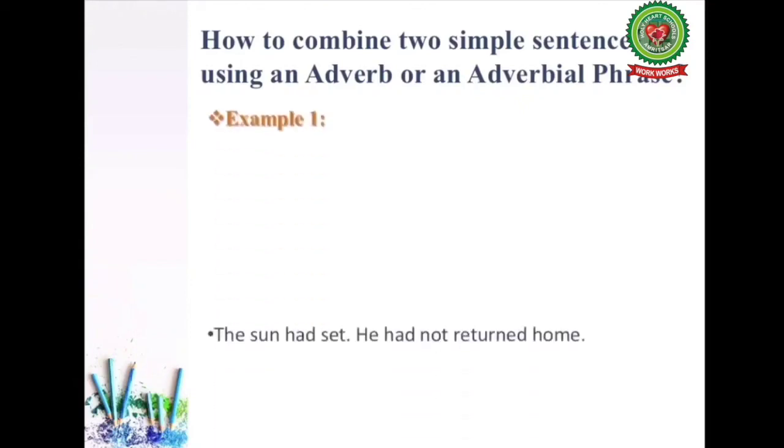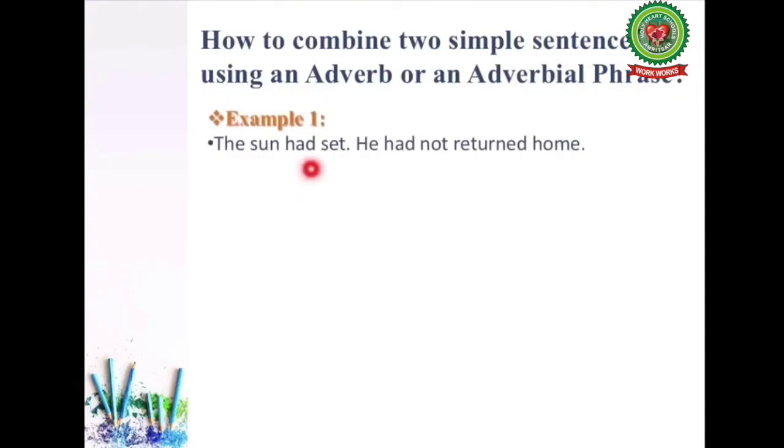Example number 1. The sun had set, he had not returned home. In this sentence, we are referring to time. The time is of sunset. So we will use the adverbial phrase by sunset. He had not returned home by sunset.